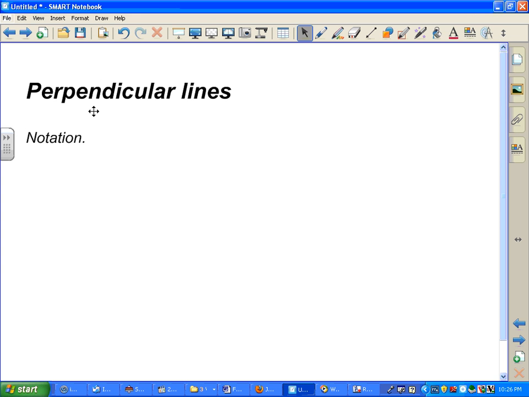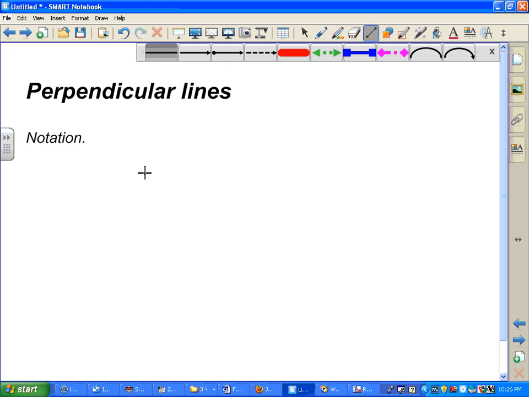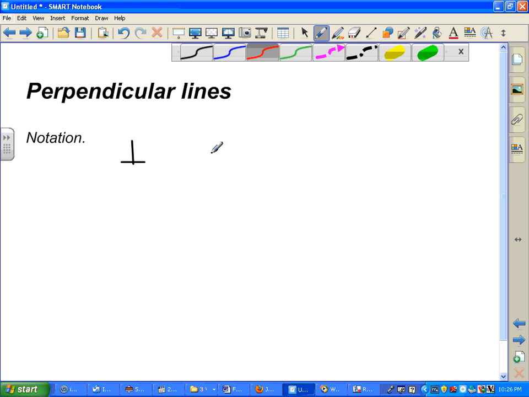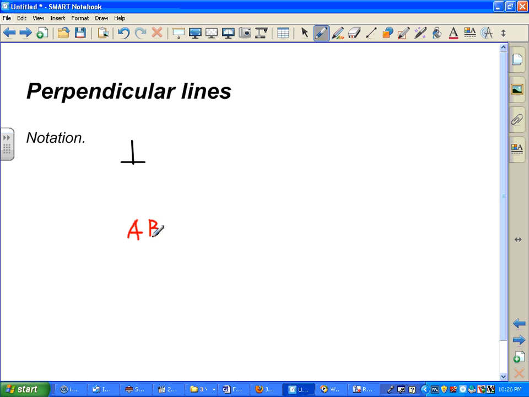Now, they throw this in here, kind of a weird place in the book, to talk about perpendicular lines, but we're going to talk about the notation. If you want to tell me that line segment AB is perpendicular to DE, this is how you would do it.